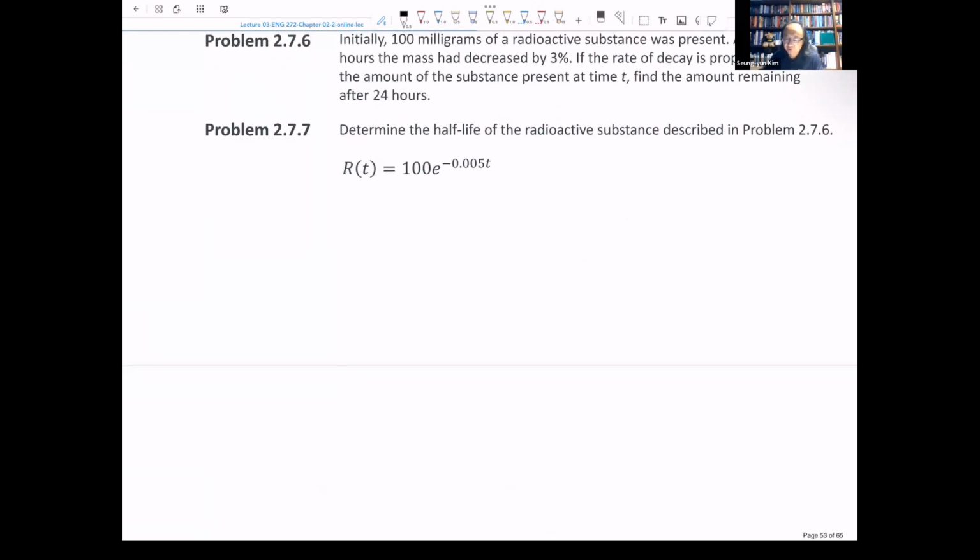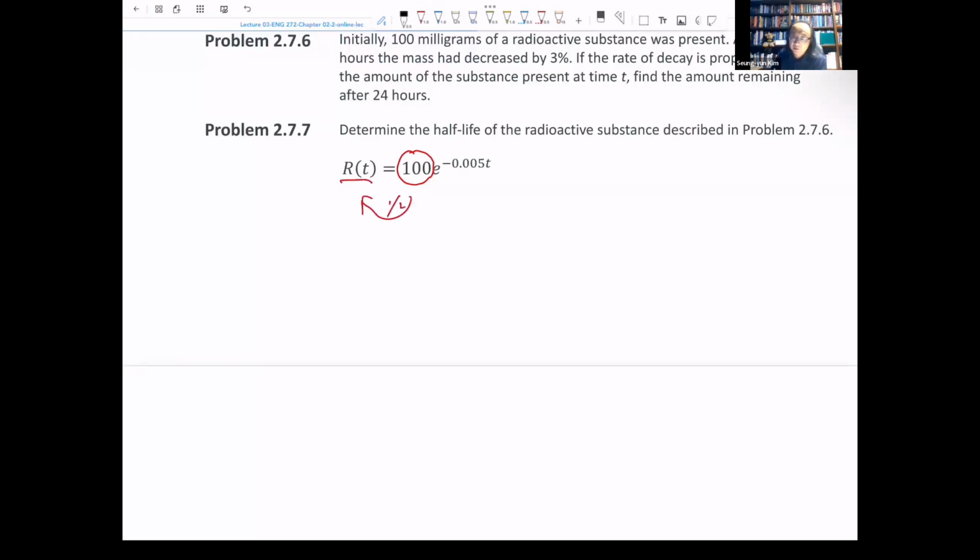And then 2.7.7. Using the previous problem, find the half-life of that substance. So R of t equals 100 e to the negative 0.005 t. That's what we had as the model. This time, the initial substance is 100 milligrams. Now half-life means this is half of this.